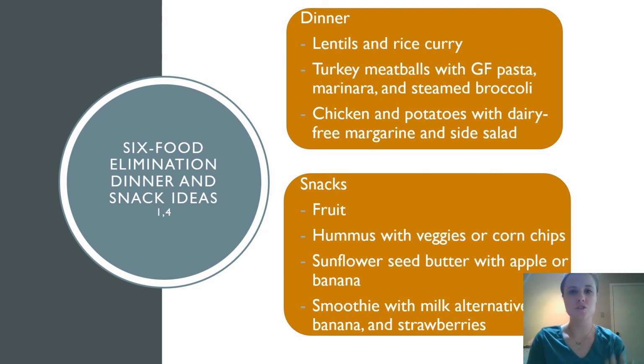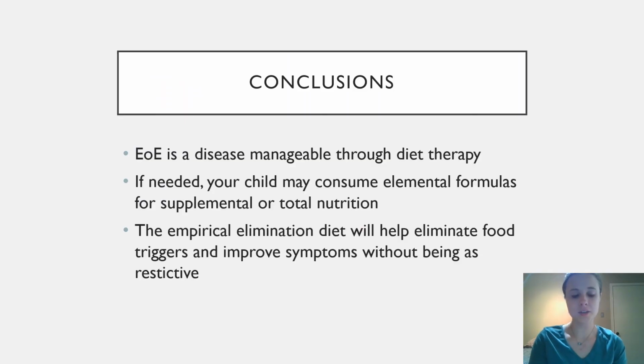So this is just to show you that although your child would be on a food elimination diet, there are many ways that your child can still have a diet high in variety. And so in conclusion, EOE is a disease that's manageable through diet therapy. And if needed, your child may consume elemental formulas for either supplemental nutrition or total nutrition.